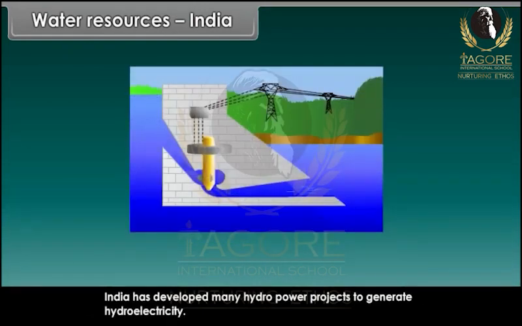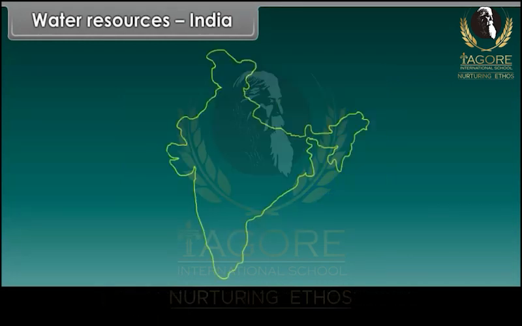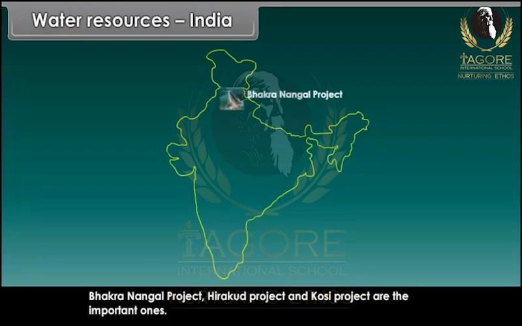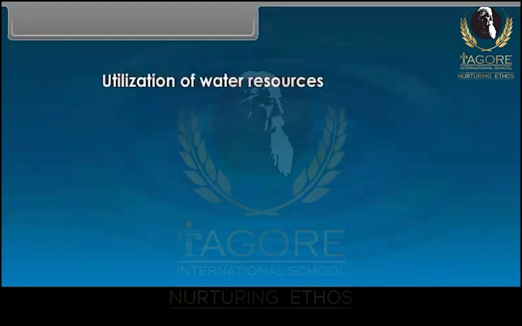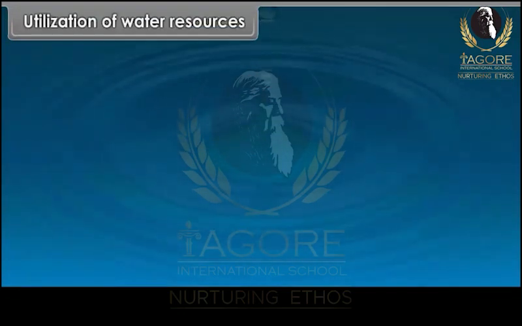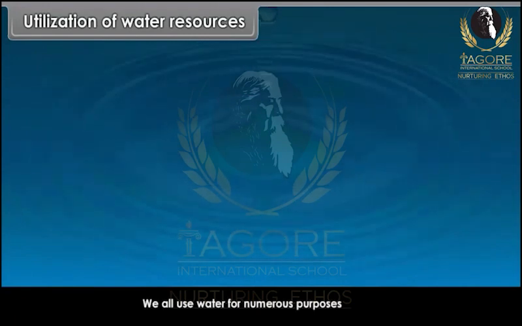India has developed many hydropower projects to generate hydroelectricity, of which Bhakra Nangal project, Hirakud project and Kosi project are the important ones. Utilization of water resources. We all use water for numerous purposes.